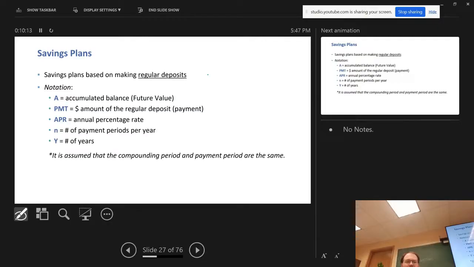But savings plans are based on making regular deposits. So it'll work pretty much the same way as the compound interest things. A would be considered the future value for the accumulated balance.